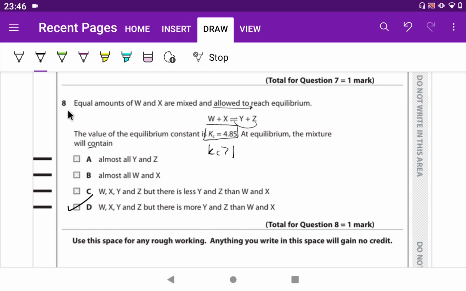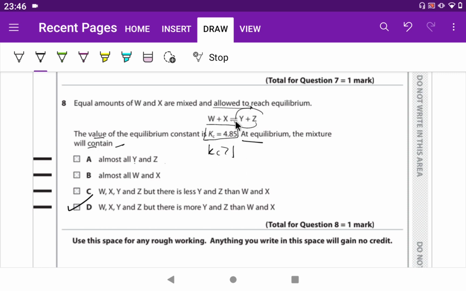Now question 8. Equal amounts of W and X are mixed and allowed to reach equilibrium. The value of the equilibrium constant Kc is equal to 4.85. At equilibrium the mixture will contain almost all Y and Z, or almost W and Z, or X and Y and Z, but less X and Y. This reaction is going forward because Kc is greater than 1.